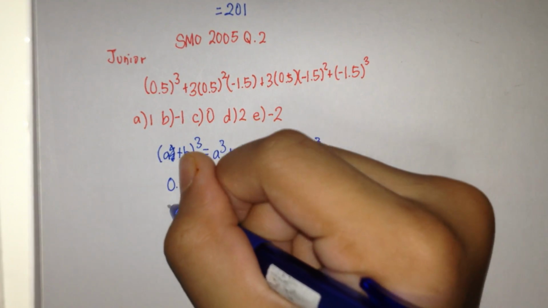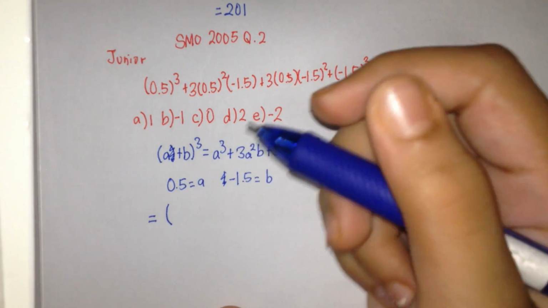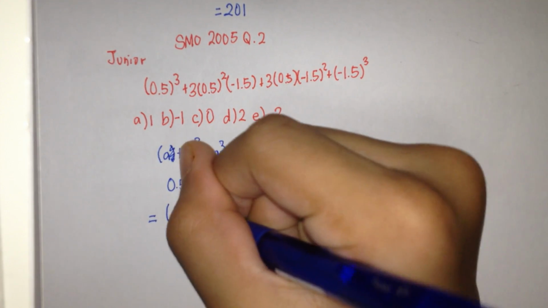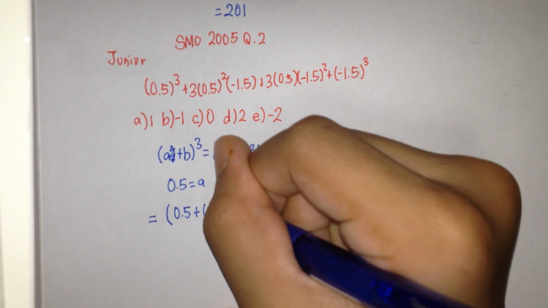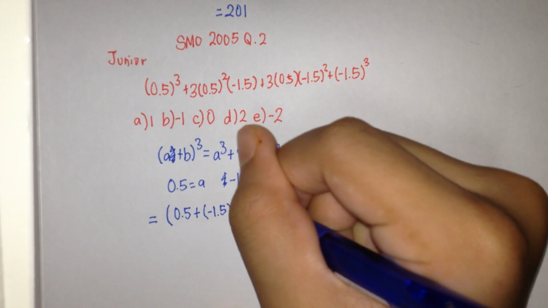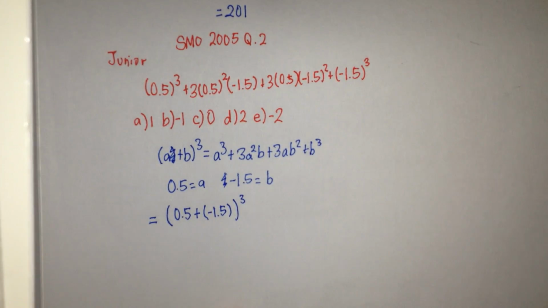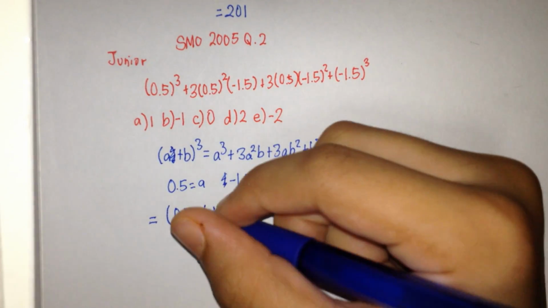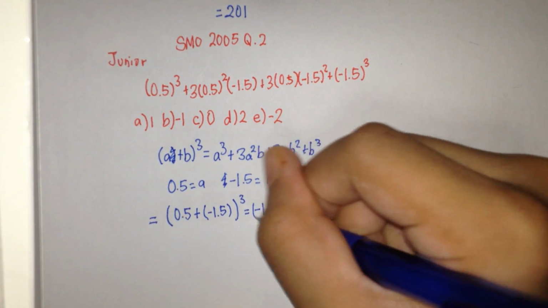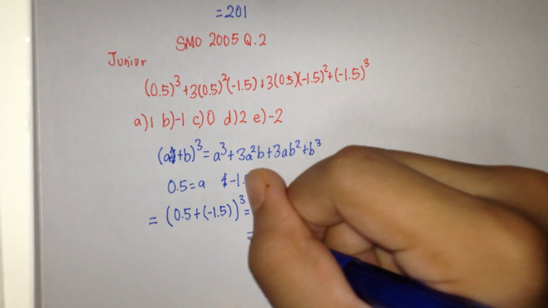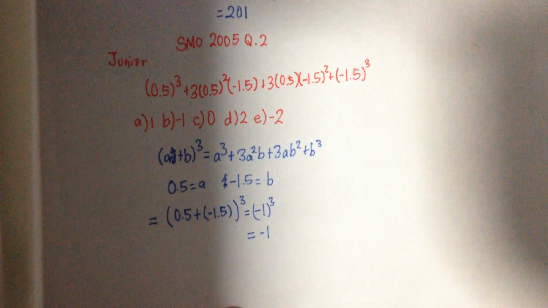So I can make the equation above equal to 0.5 plus negative 1.5 in brackets to the power of 3. Now you may do calculations on your own. So that's just 0.5 minus 1.5 to give you negative 1 to the power of 3, which is equal to negative 1. This can be seen as the answer in B.